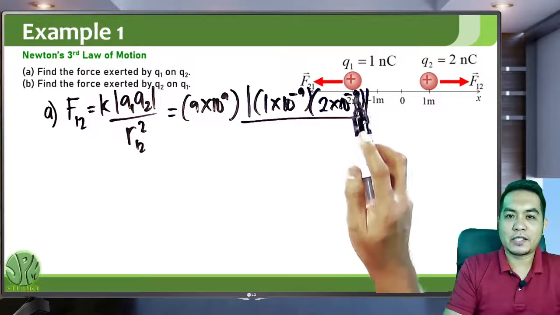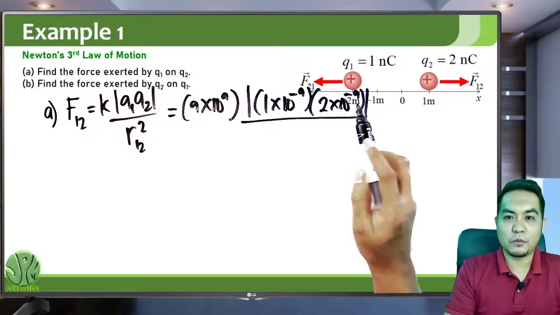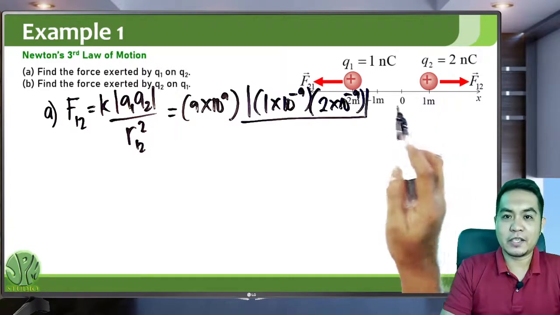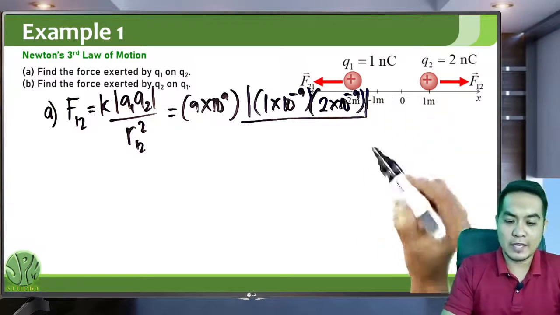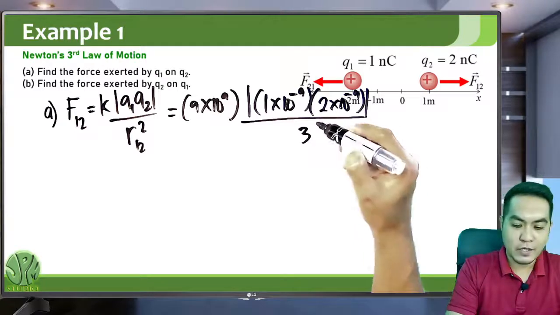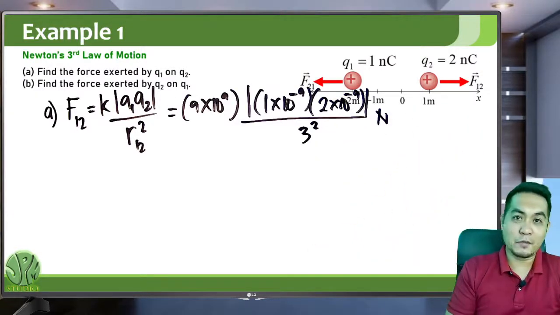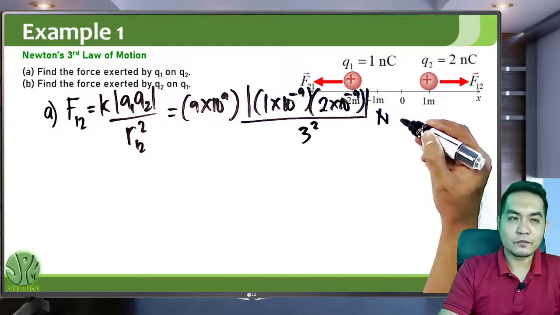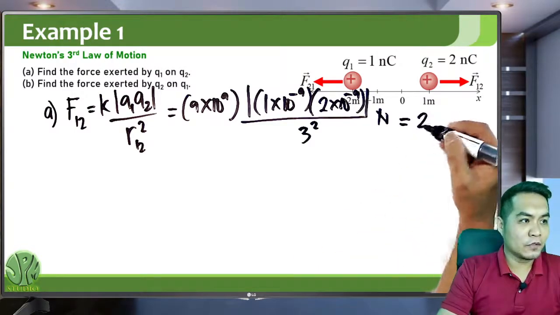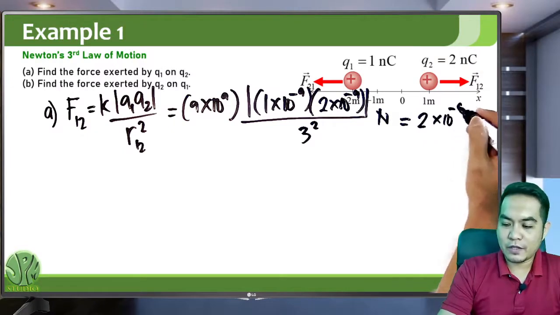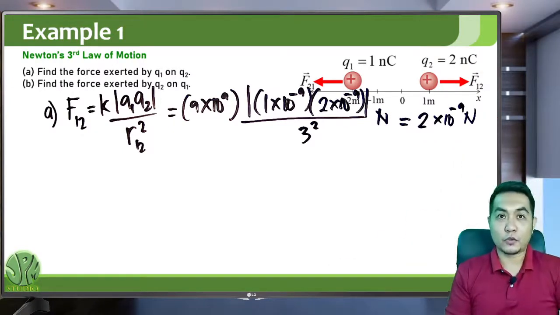Q1 is at x equal to 2 meters and Q2 is at x equal to 1 meter, then their distance is 3 meters, so you have 3 meters squared. The final unit should be newton because this is a force, and you will get a value of 2 times 10 to the -9 newton, or 2 nanonewton.